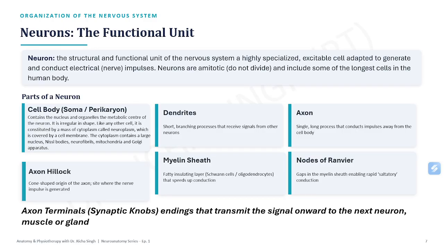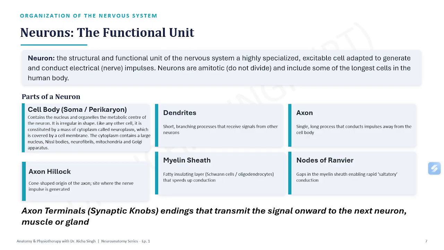The cell body contains the nucleus and the organelles and acts as the main metabolic center of the neuron. As we saw, the cell body doesn't have its own shape and is constituted by a mass of cytoplasm called the neuroplasm, which is covered by a cell membrane specially designed for the neuron.